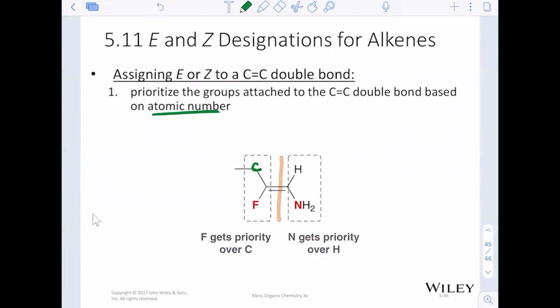Isn't it nice when everyone works together and does the same prioritization? Atomic number. Now when we look on the opposite side, we have hydrogen versus nitrogen. Nitrogen is higher atomic number, so it gets priority. I usually put a little star next to these guys. And then I erase my dividing line and I say, awesome. I have my highest priorities on either side of the double bond.